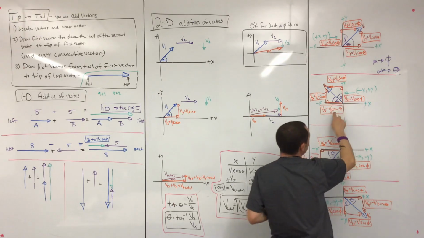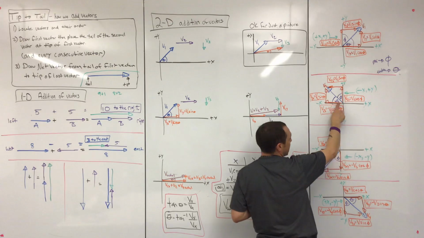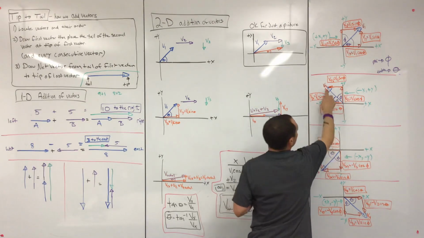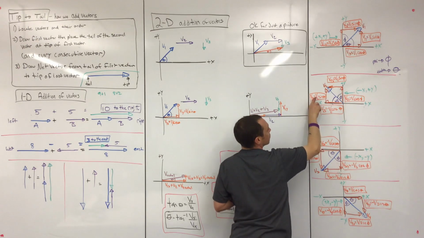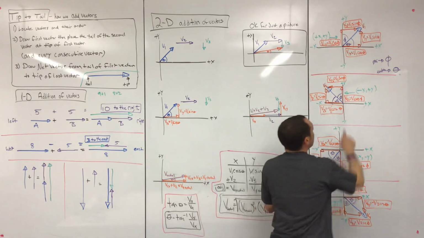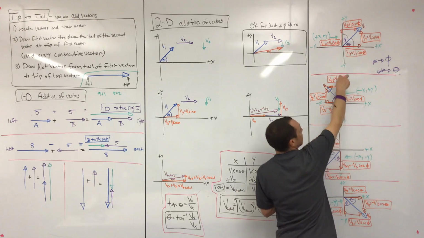All right, so for theta, V2x is equal to negative V2 cosine theta, right? And for the y, it's going to be positive, V2 sine theta. I know that looks like negative, but it's not. That's for the y. So V2y is V2 sine theta. It's positive, pointing up. Now, if we did phi, V2x is equal to V2 sine phi.